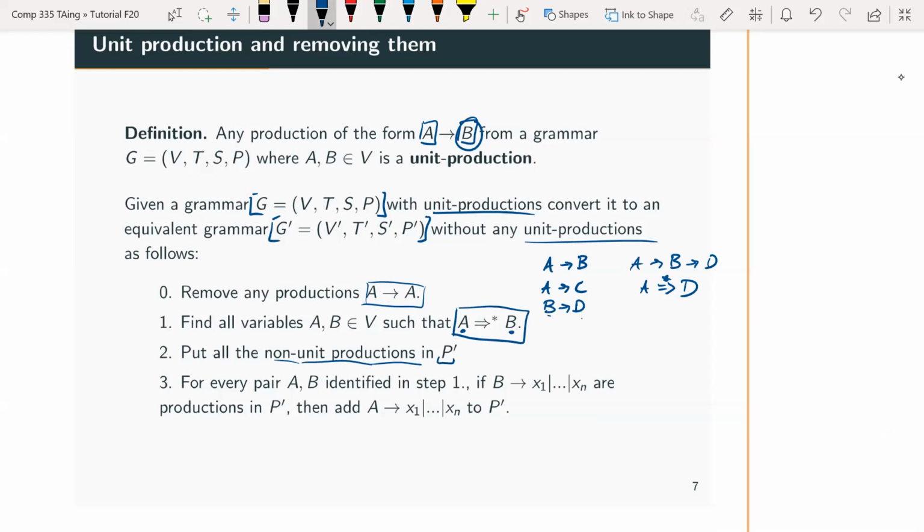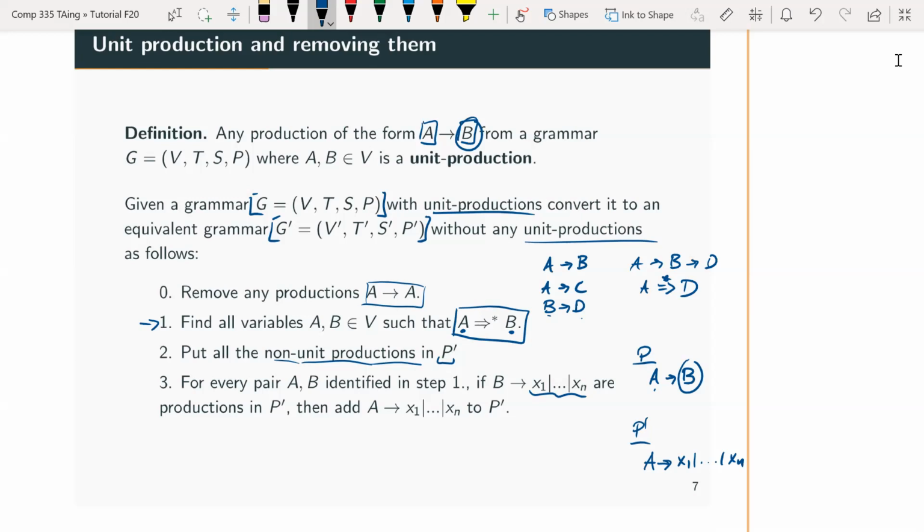And then for every pair A gives you B in your initial step one, in the production rules P, in P prime, A is going to give you everything that B gives you that's actually useful. So if I have B gives me x1 to xn, whatever x1 to xn are, then I would say A gives me x1 to xn. Okay, so it's pretty straightforward. You're just replacing it by what it's giving you essentially.